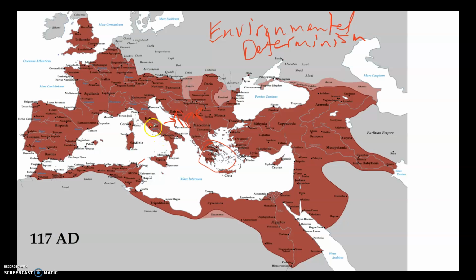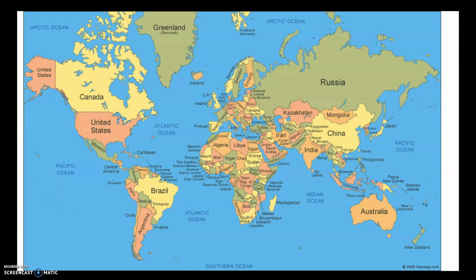I want to stop there, but we're continuing with environmental determinism, and look at the Italian peninsula and its position in the Mediterranean. But before you consider that, I'd ask you to also consider India and its environmental determinism and its position in the Indian Ocean.